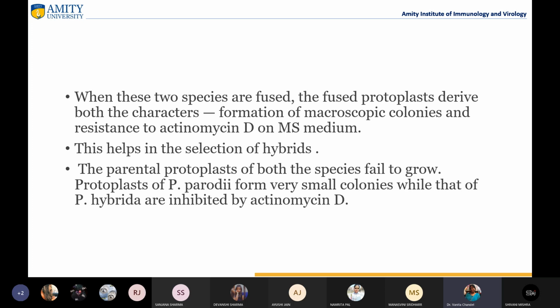So when these two species are fused, the fused protoplast derives both the characters, right? The formation of macroscopic colonies and resistance to actinomycin D on the MS medium. So this helps in the selection of the hybrids.